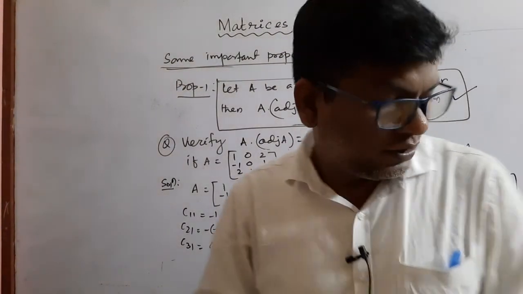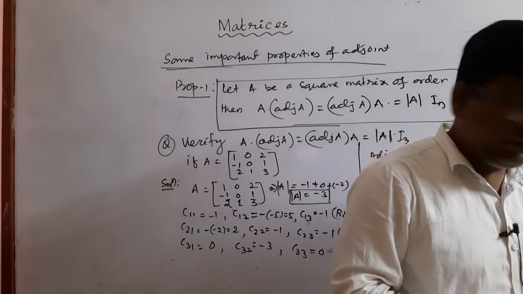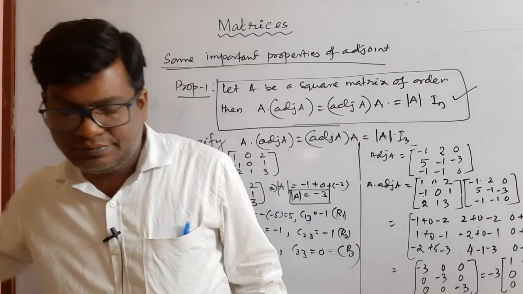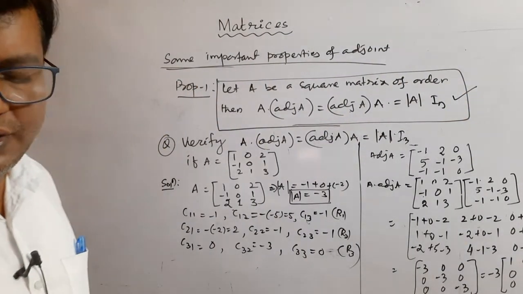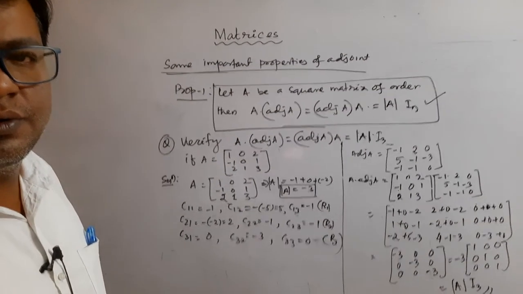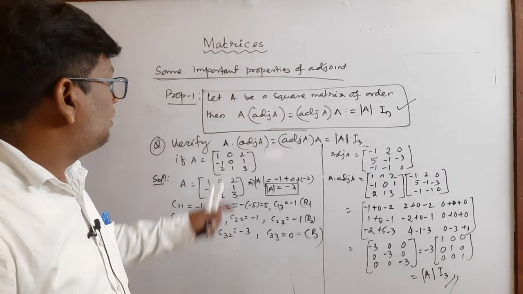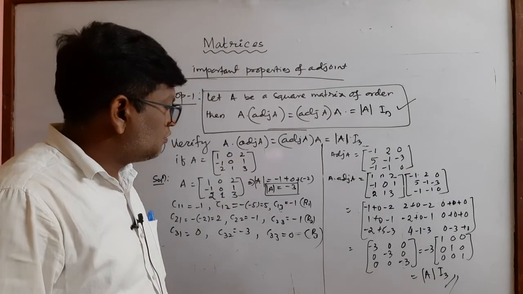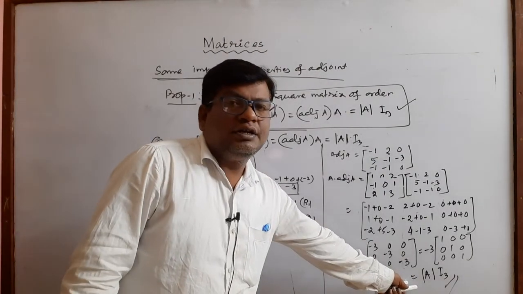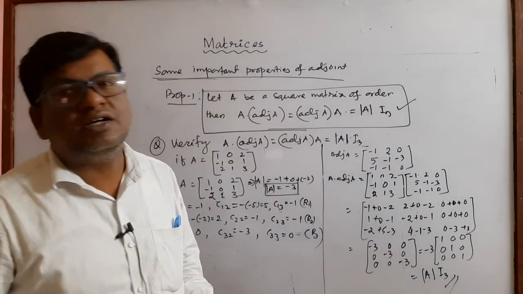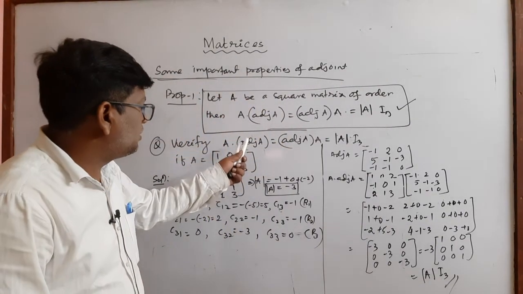Now to prove adjoint A into A. This is the proof. A into adjoint A is equal to determinant A into I3, or identity matrix of order 3. Now this part is over.